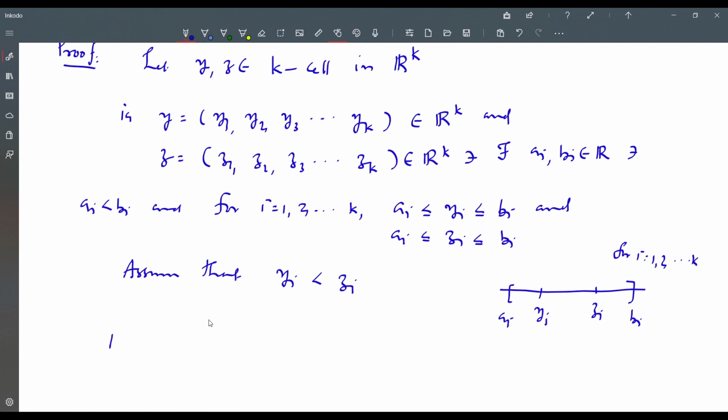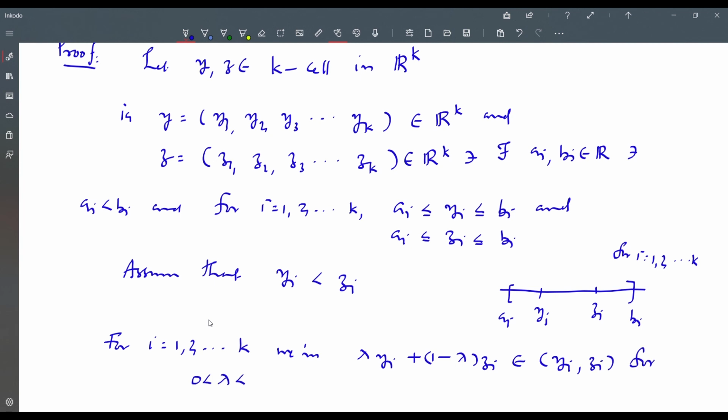Now for i = 1, 2, ..., k, we have λyi + (1 − λ)zi belongs to the interval (yi, zi) for 0 < λ < 1. When λ is 0, you have zi, so that is this point, and when λ is 1, you have yi, this point, but λ varies between 0 and 1, whereas λ is not equal to 0 and not equal to 1.